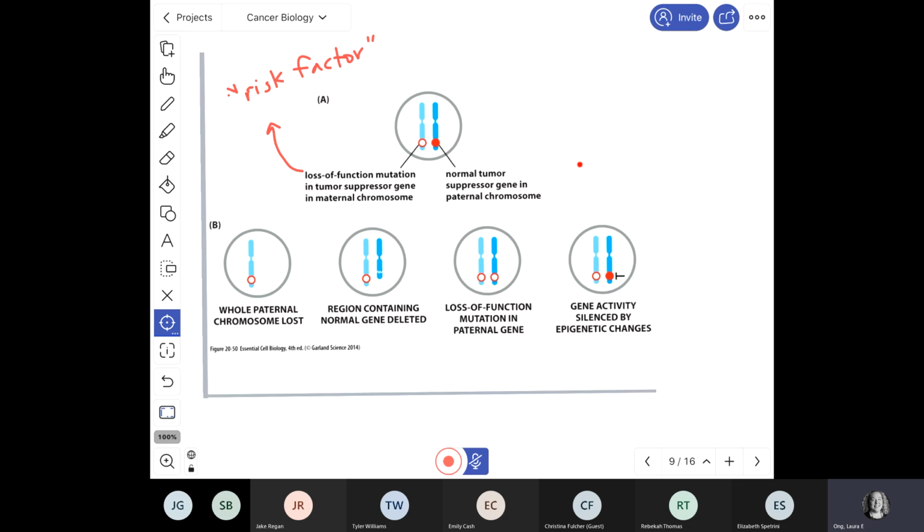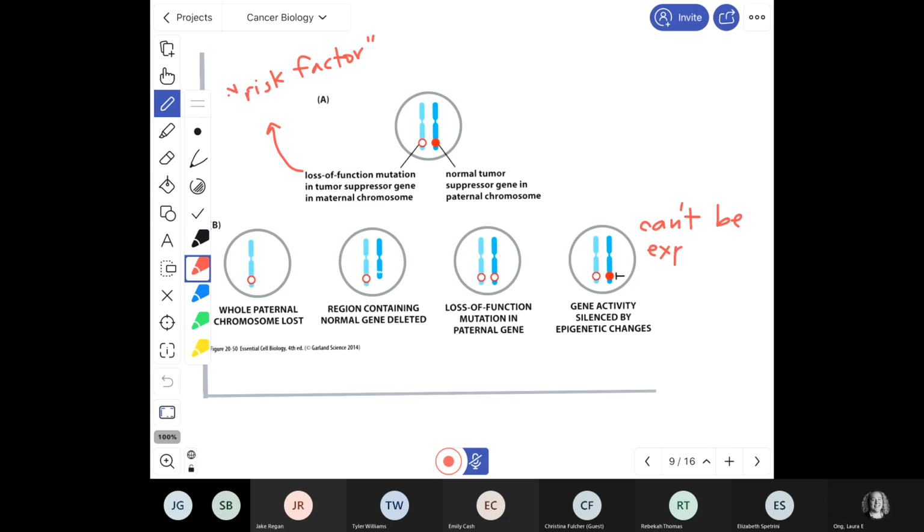So you could have a good copy and have it silenced. Just because you have a good copy, if that copy can't be expressed and used for transcription, you might as well not have it. You could have a second mutation in the other copy.